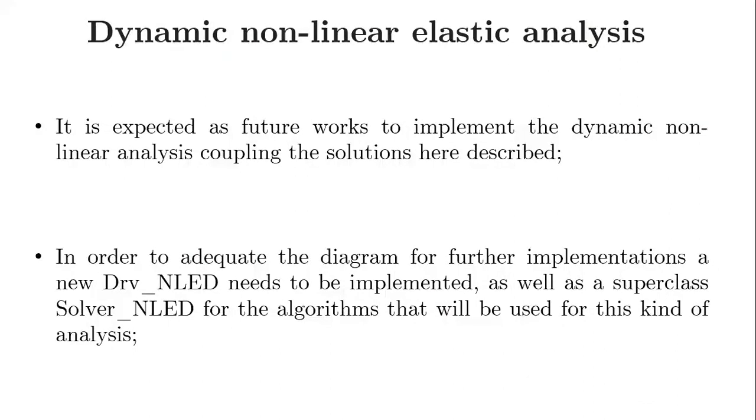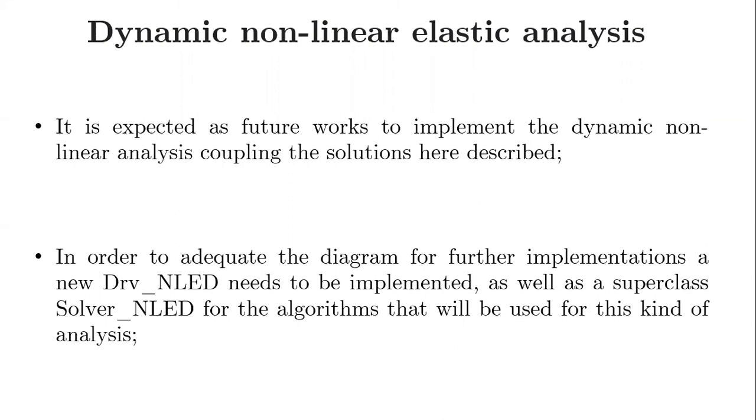The fourth type of analysis treated here is the dynamic nonlinear elastic analysis. It's expected as a future work to implement this kind of analysis, coupling the solutions that are already implemented here. In order to adapt the diagram for further implementations, following what was already done for the nonlinear elastic analysis, a new solver needs to be implemented.